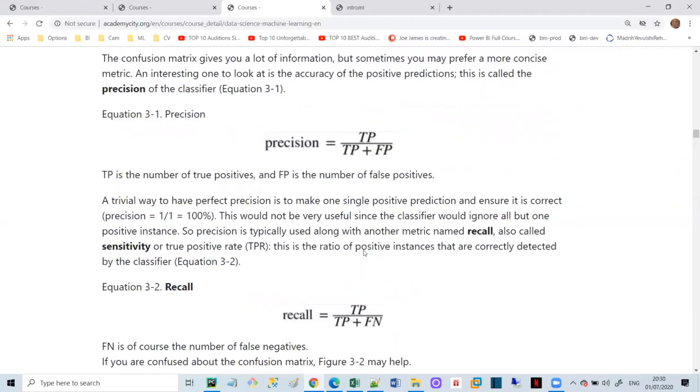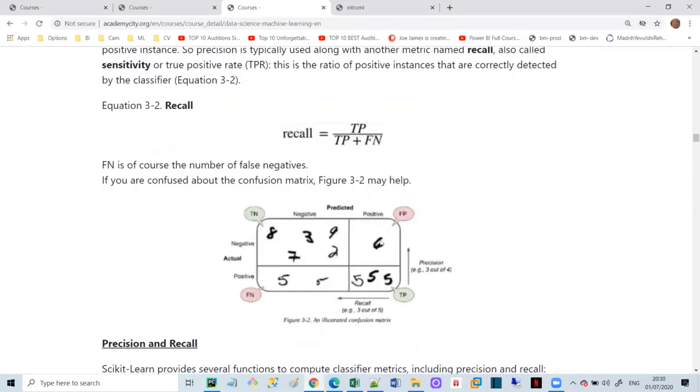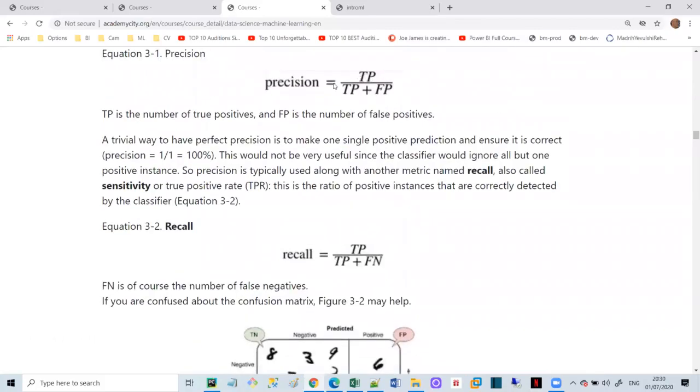So if I look at this equation of precision, the denominator will be 4, the numerator will be 3. So it'll be 3/4. One more time, I made 4 decisions that it is a 5. I was right 3 out of the 4. That's what we call precision.